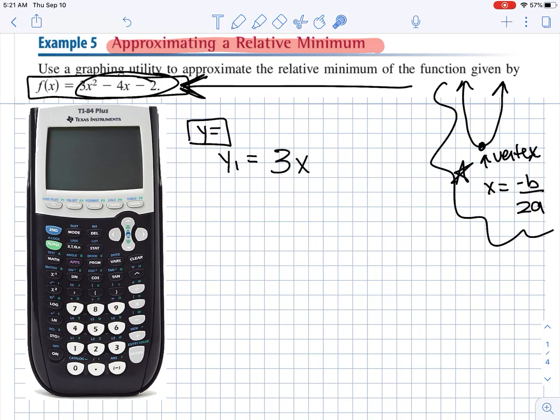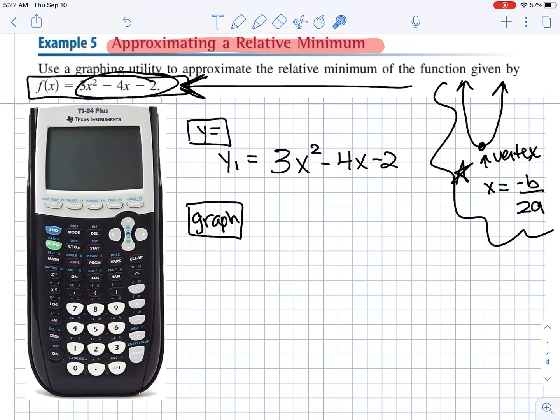And then you're going to hit this key right here, which will square it. And then you're going to hit minus 4, and again hit the x key, minus 2.